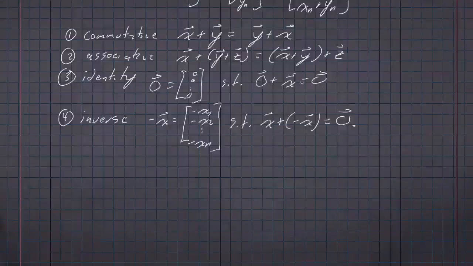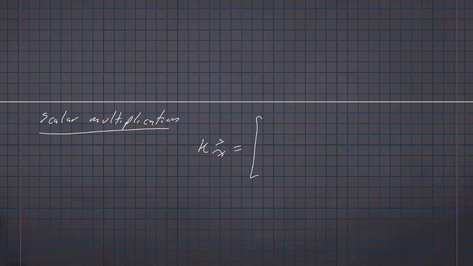Likewise, we're going to have another operation called scalar multiplication. And scalar multiplication is defined in the Euclidean vector space like this: if you take some constant and multiply it times a vector, you are going to multiply that constant times each component of the vector.